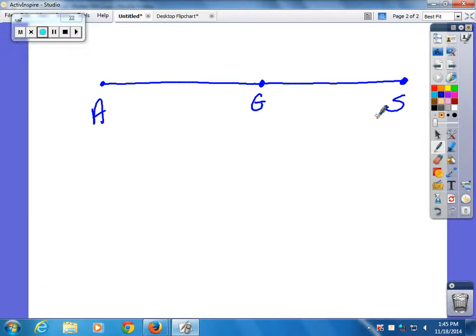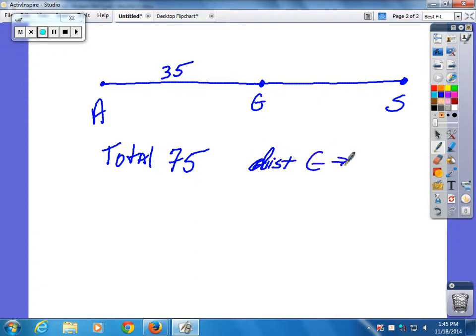And you're trying to figure out how many miles it is, but you know that it's 35 miles to Greenville, and you know that the total distance from Anderson to Spartanburg is 75 miles. So what is the distance from Greenville to Spartanburg?